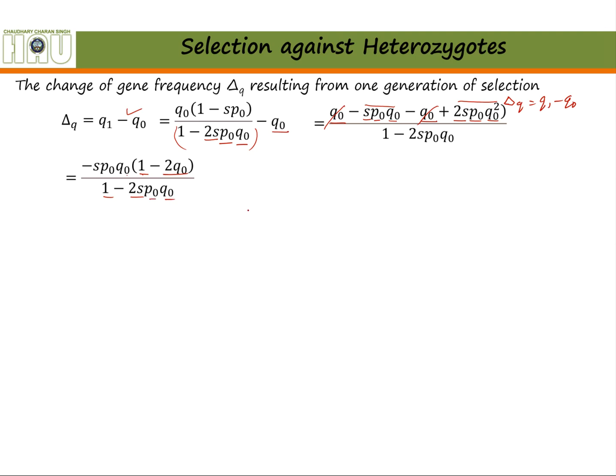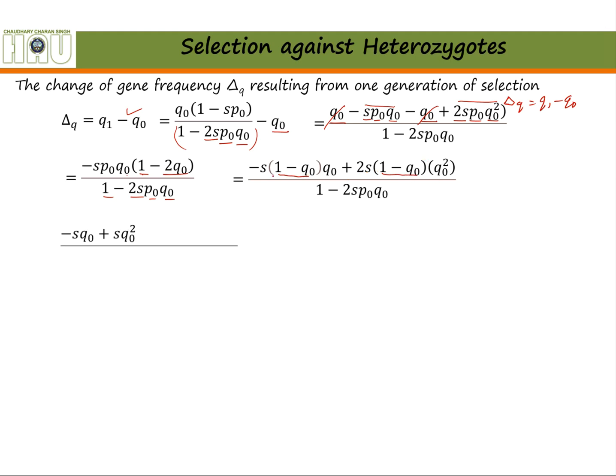So this can be further simplified in terms of Q0 by substituting P0 as 1 minus Q0 here and 1 minus Q0 here. So you will get this expression. And on further simplification, we will get minus S Q0 first term, minus minus plus S Q0 square, plus 2S Q0 square, minus 2S Q0 cube.